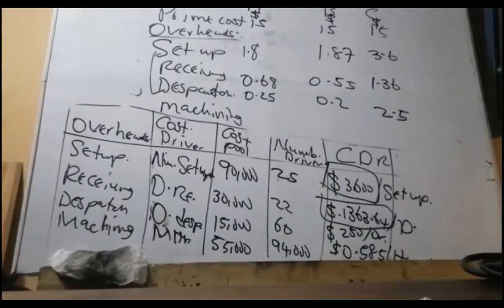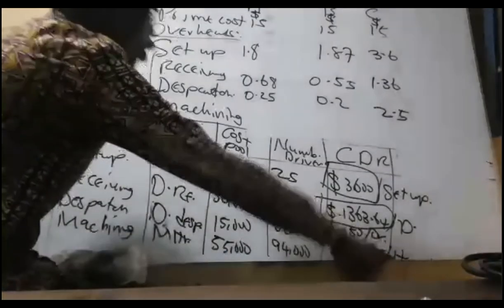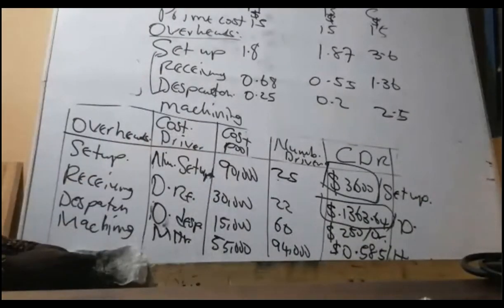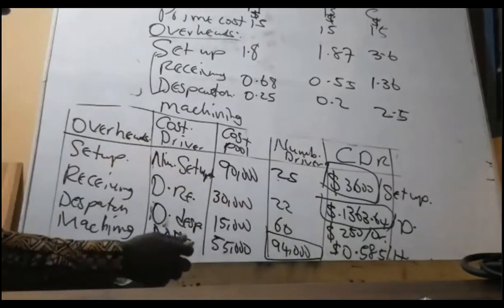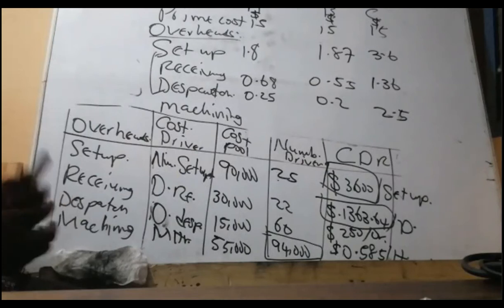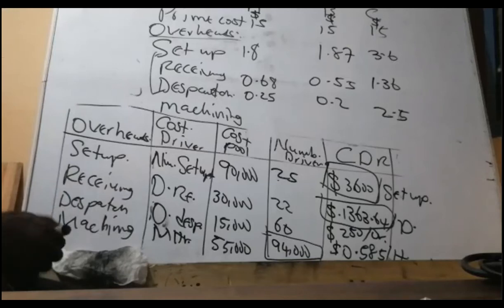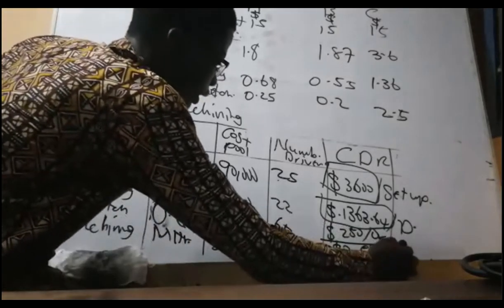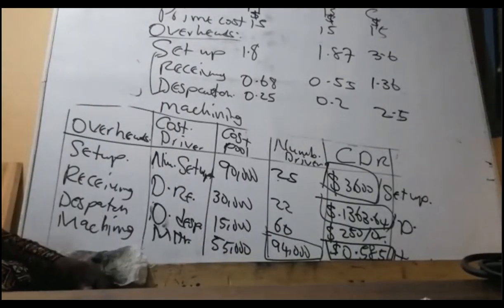Finally, we are on machine. Now for machine, because we said it's per hour, we cannot go through the same process. Because we have converted this one into total already, we just have to multiply by the machine hours per unit. For the machine, don't divide. Just pick the rate that we had here and multiply by the machine hours.